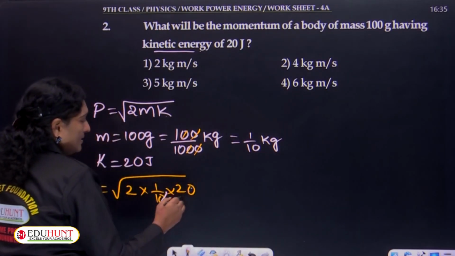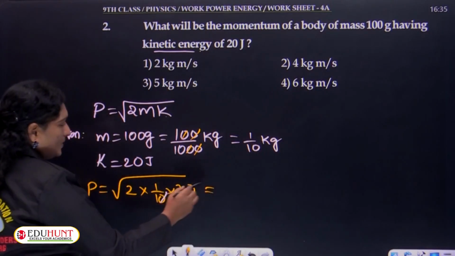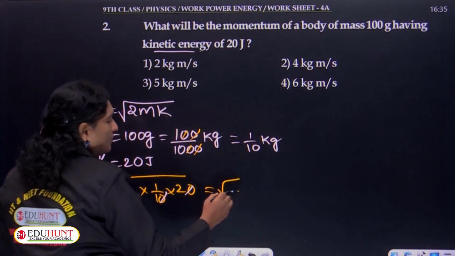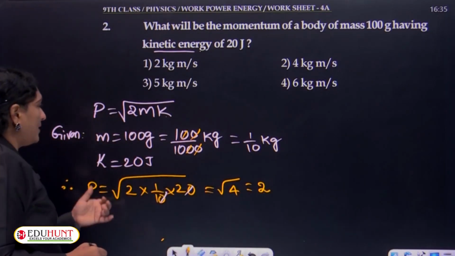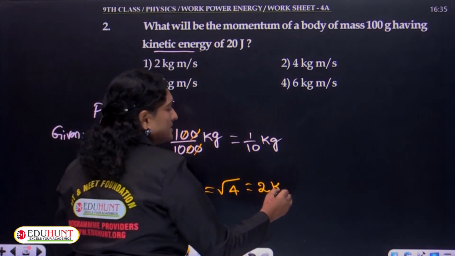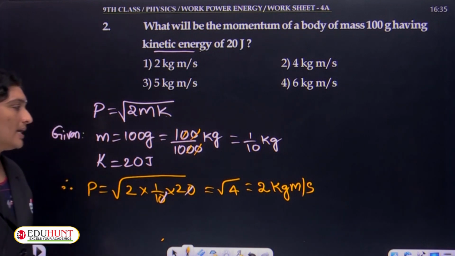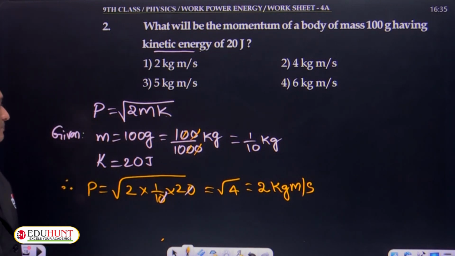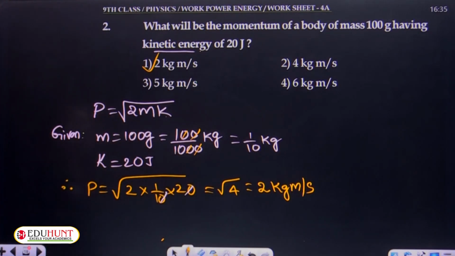Simplifying, this is root over 2 into 2, which is root over 4, equal to 2. What is the unit of momentum, children? Kg meter per second. The unit of momentum in the SI system is kg meter per second. So option number 1 must be true, that is 2 kg meter per second.